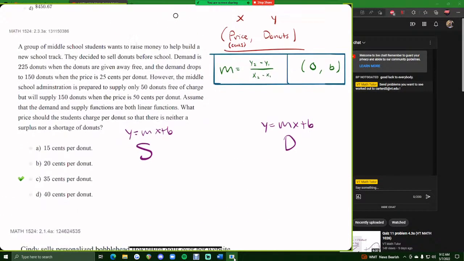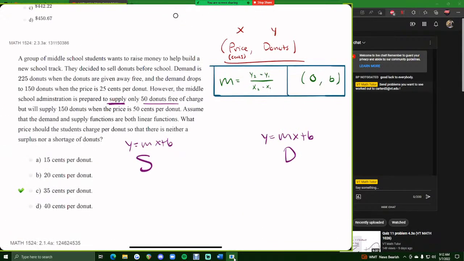So the ordered pairs we will set up for supply. Looking down here, they say they will only supply 50 donuts free, and so we want the price comma donuts. So free means 0, and donuts in this case is 50, so 50 free donuts. And then if they sell them for 50 cents, they will supply 150.